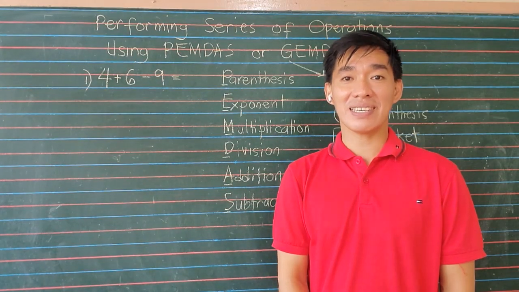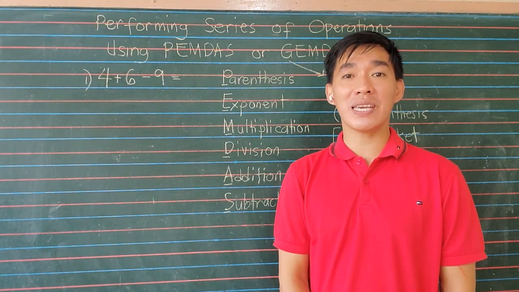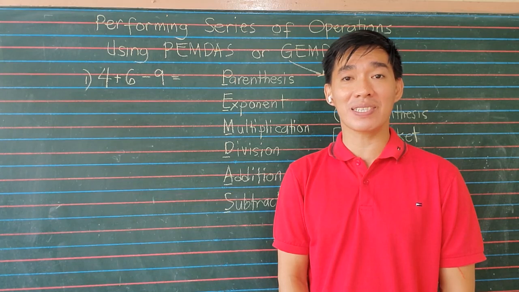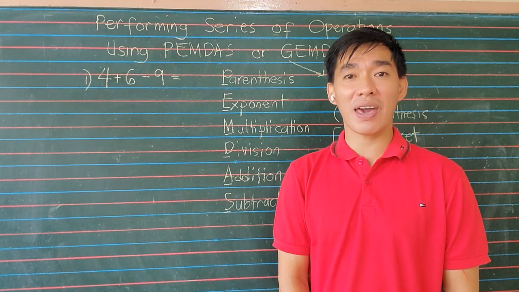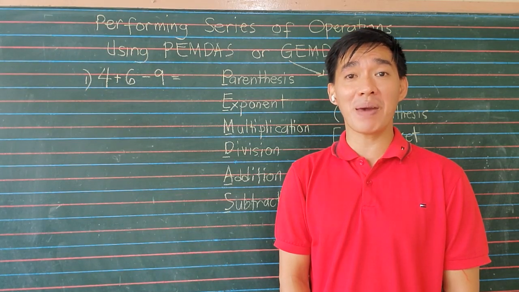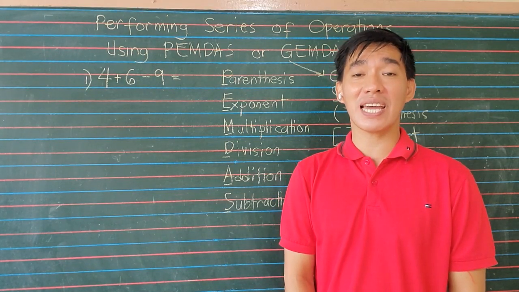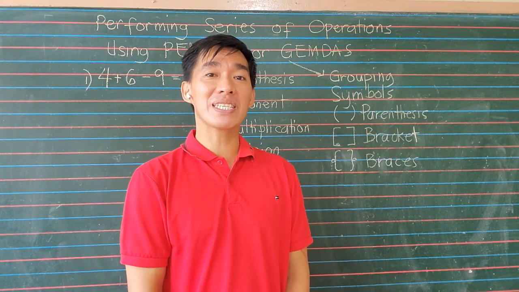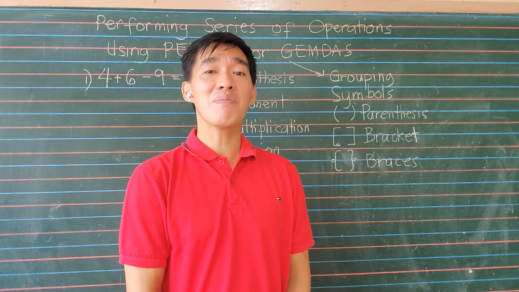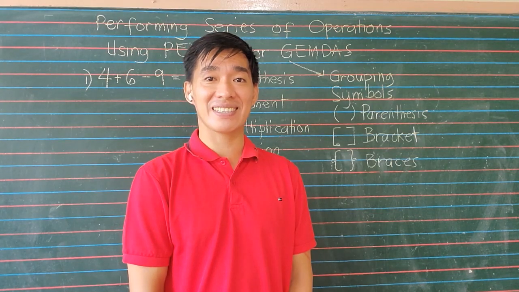In some cases, we are not just only using P as our grouping symbols. That's why in some learning materials, you might see there GEMDAS instead of PEMDAS. And G here stands for grouping symbols. These grouping symbols are parentheses, brackets, and braces.